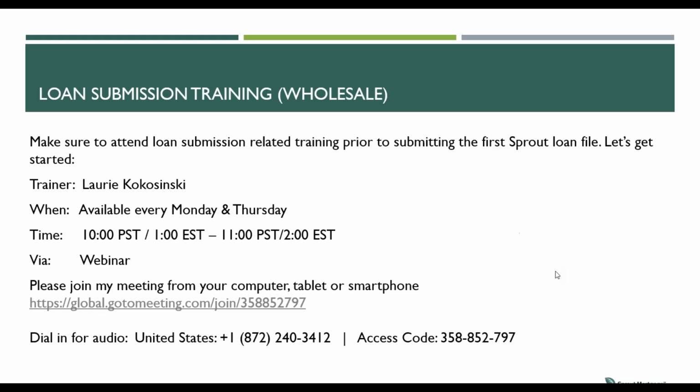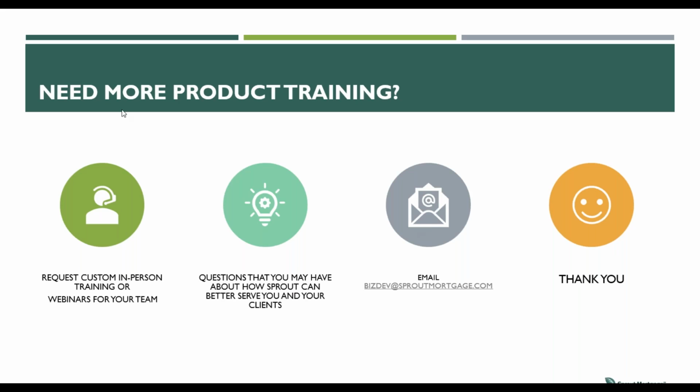You can join it. You don't have to register for this. You can jump on anytime. Here's the information. It's also on our website, so if you log into our website, there is a line across the top that you click here that brings you right into the webinar. So very easy. I wholeheartedly think so. Hopefully that will help your team.